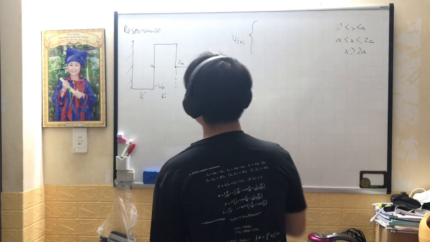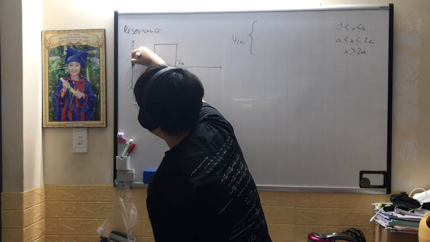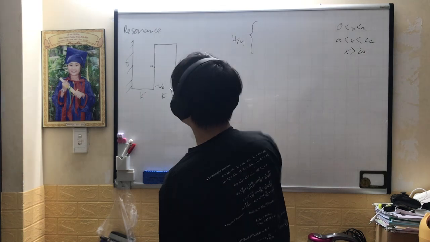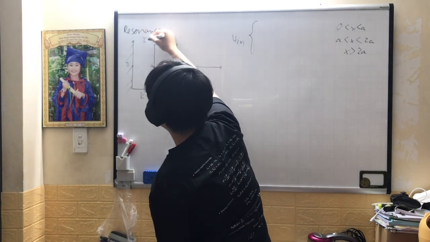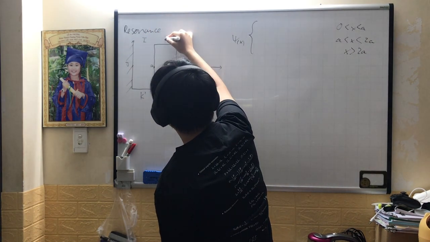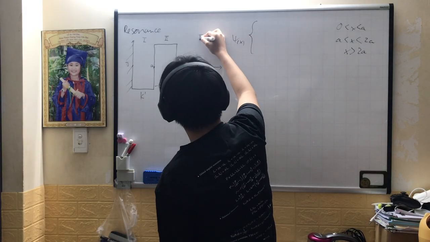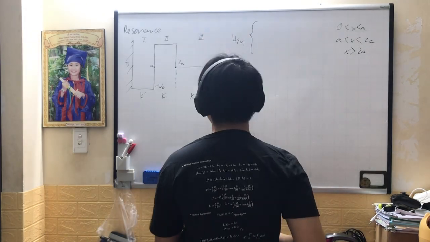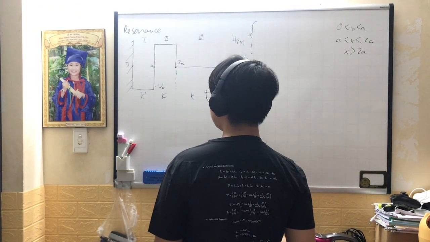First, take a look at our region 1. We call these region 1, region 2, and region 3. Let's take a look at our region 1.